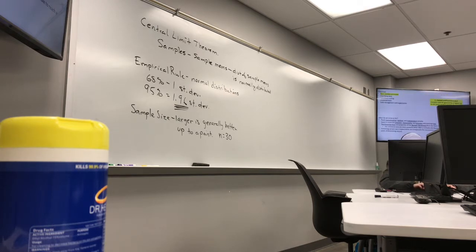So when we think about doing hypothesis testing, testing to see if two means are different, or to test if a particular parameter is different from a theoretical expected value, we need to think about two things. We need to think about the location parameter, which in this case is the sample mean.